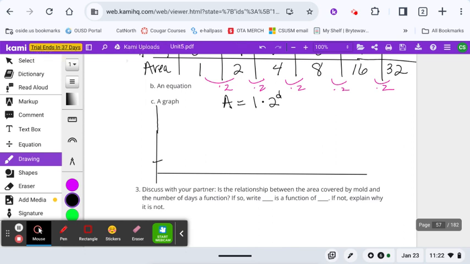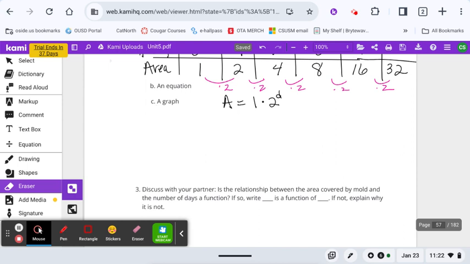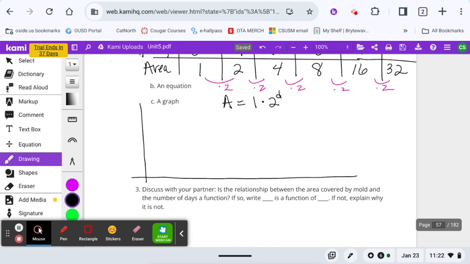So we went by 4, 8, 12, 16, 20, 24. Okay, I need even more space here. Hang on. 4, 8, 12, 16, 20, 24, 28, 32.